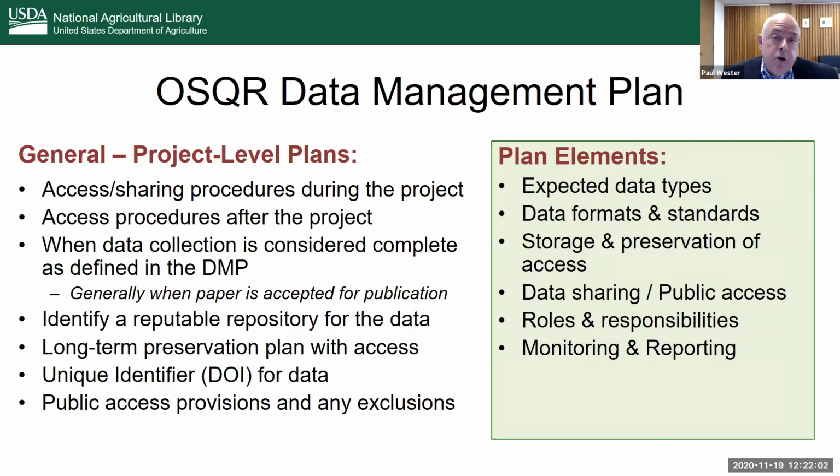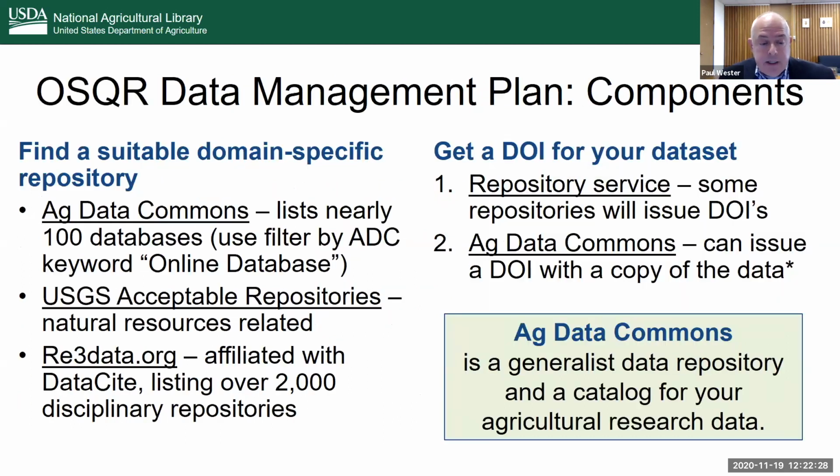The policy also calls for ensuring that there are unique identifiers or digital object identifiers for the data themselves, separate from the publication. The data management plan should also lay out what the public access provisions are and if there are any exclusions for them. We will talk a little bit more about that as we go into the presentation. So we can go to the next slide, please.